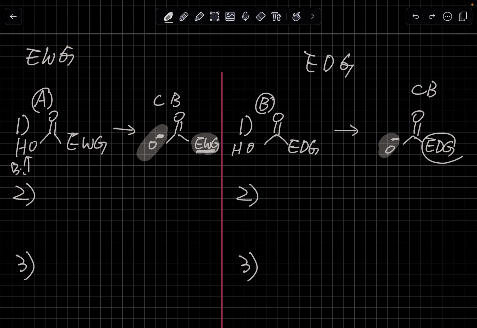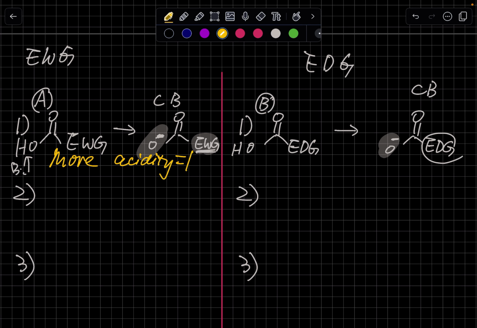So which means what? Which means I'll use a different color. The compound with the electron withdrawing group has more acidity, which equals a lower pKa. Does that make sense? And then this guy has less acidity, which means higher pKa or lower Ka.